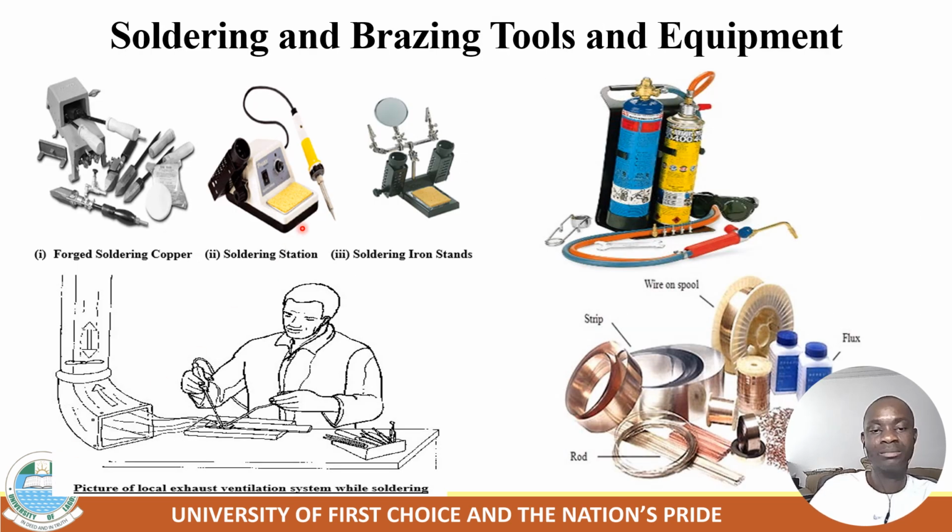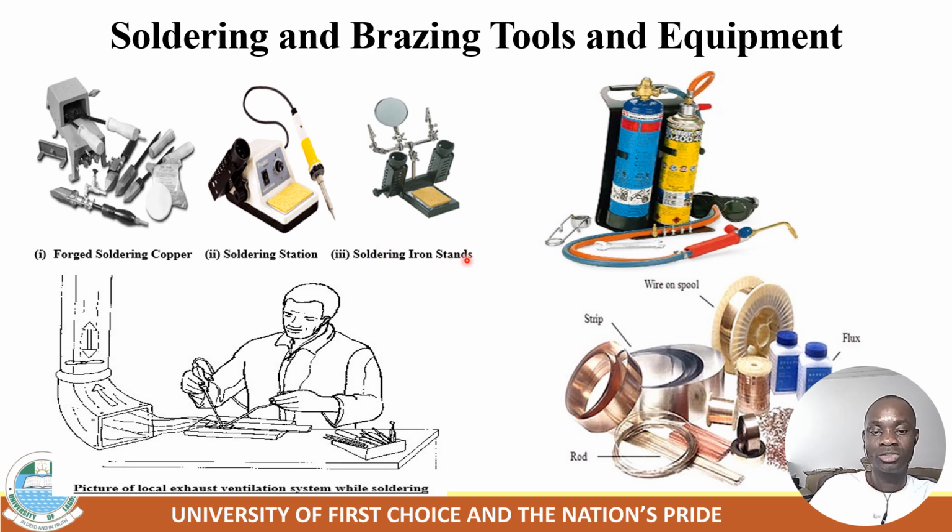This is a diagram of the soldering tools and equipment and the brazing tools and equipment. This one is a forged soldering copper. We have a forge in our workshop, and all the tools are available for forged soldering exercises. This is a soldering station, an electric soldering iron powered by an electric source.